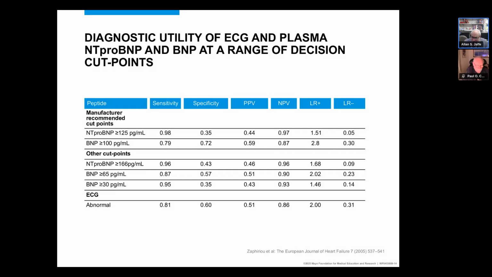So there is at least some degree of evaluation necessary in this group, even if you have the values that are suggested to be diagnostic of outpatient heart failure.